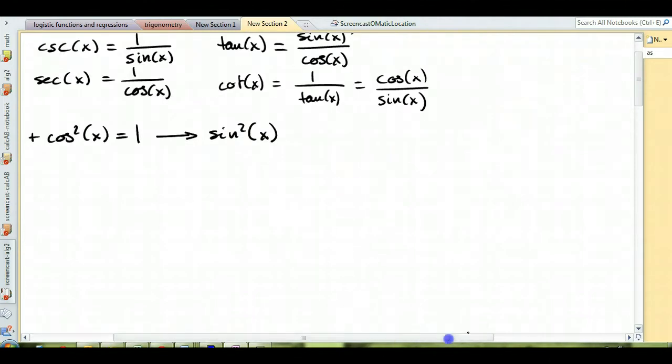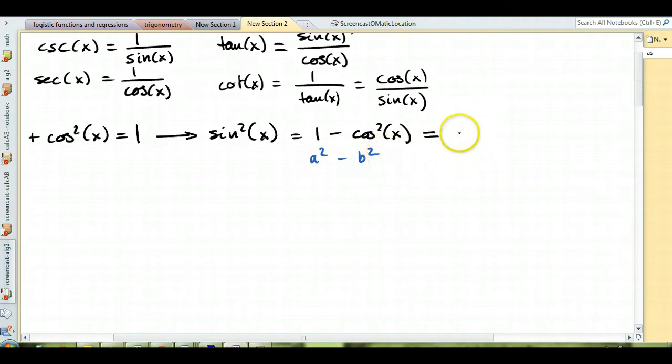So the sine square of x is going to be 1 minus cosine square x, which factors very nicely. This is a squared minus b squared, so it is a plus b, a minus b, so it's 1 plus cos x times 1 minus cos x.